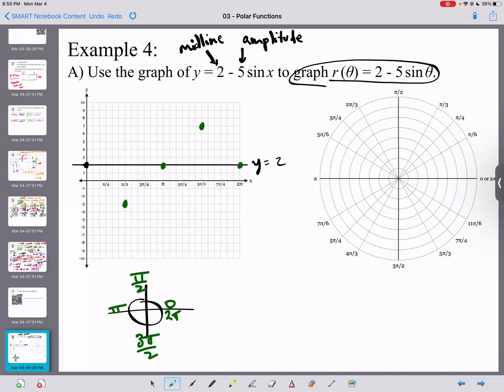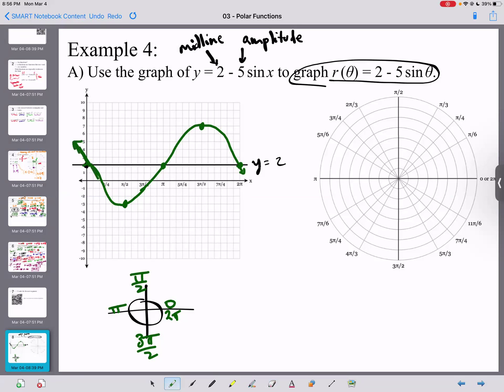Now, if I make this into a wave, it would look something like this. I messed up this part because it's going through its midline. That's not the max. It should be coming through like this.